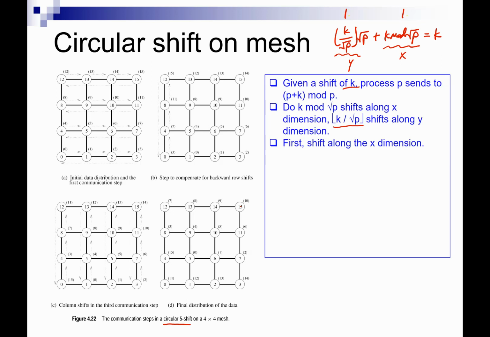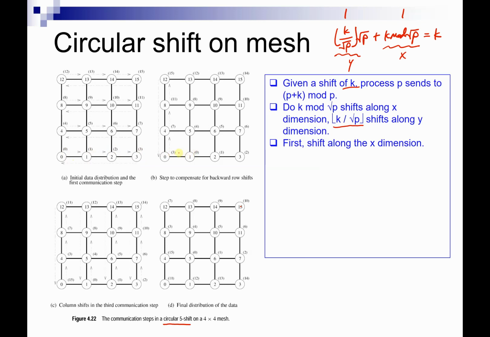Now when you do the shift in the x direction, imagine that there's sort of this little ring over here, and you just shift everything by 1 along the ring. Then what's going to happen is that 0 is going to move to 1, 1 is going to move to 2, 2 to 3, and then 3 is going to move to 0. So after the shift, 3 moves to 0.